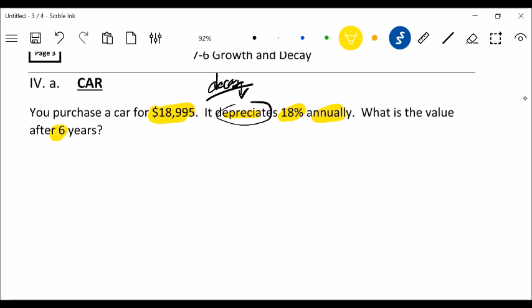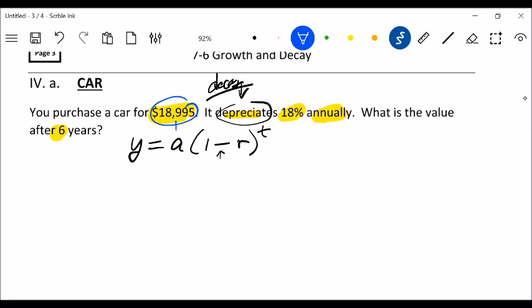It doesn't say to write an equation, but it's much easier to do this if you do use an equation. So since this is a decay problem, it's going to be just like the growth one, except now there's going to be a minus here. And we know the initial amount and we know the rate, except that we have to change 18% into a decimal. So we move 1 and 2 places because the decimal's after the 8.